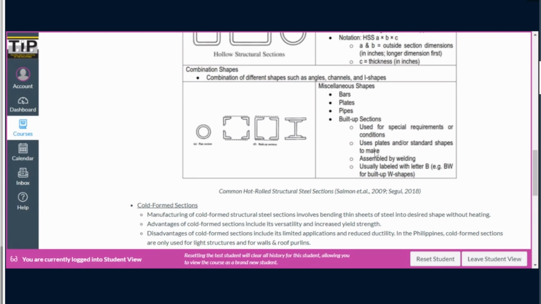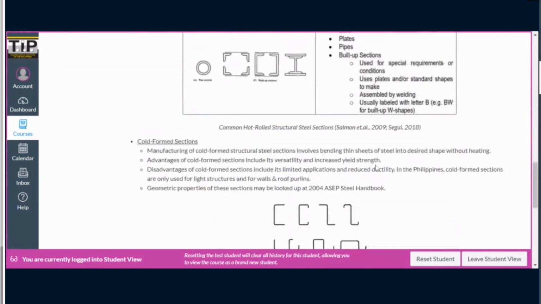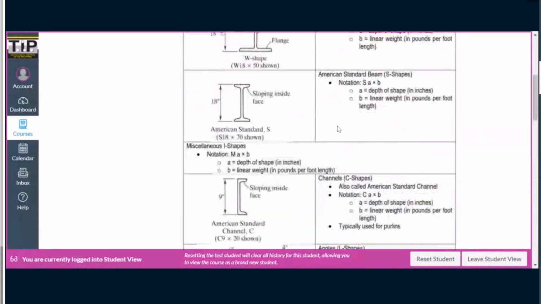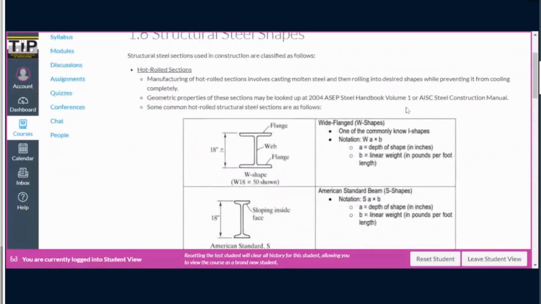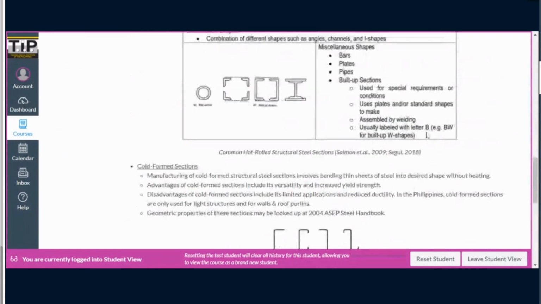So usually we label them the same as this depending on what you have formed, but with the letter B. So for example, you want a built-up W shape, you denote them as BW. So again, the handbook also provides some properties of common built-up shapes. No? So we denote them with the letter B. Okay.